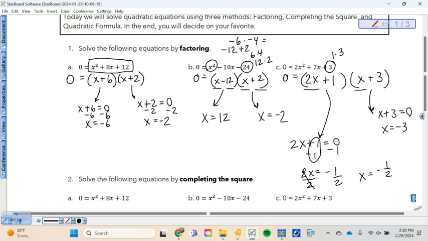Okay. Do you guys remember how these solutions show up on the graph? For part A, what do I know this point is?